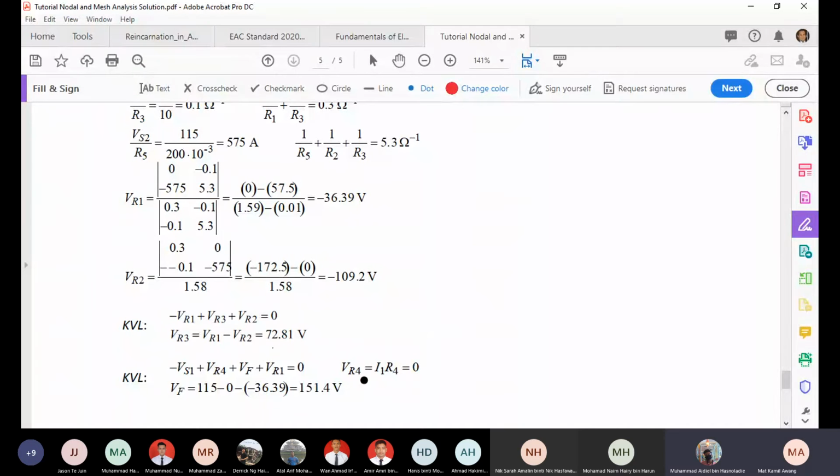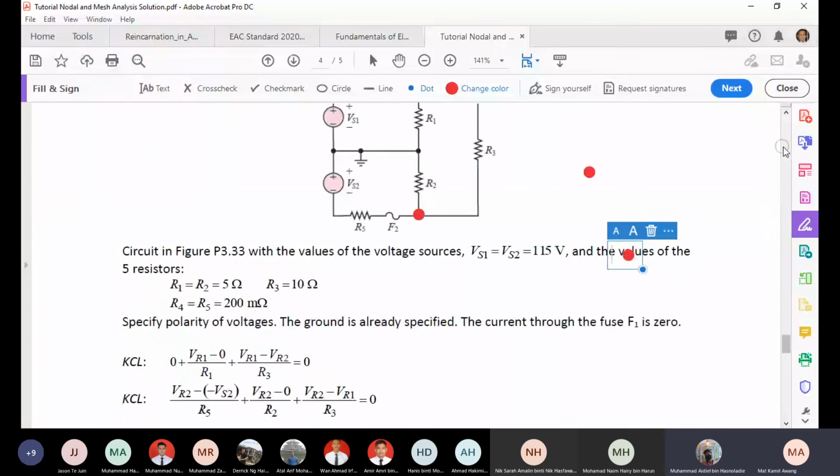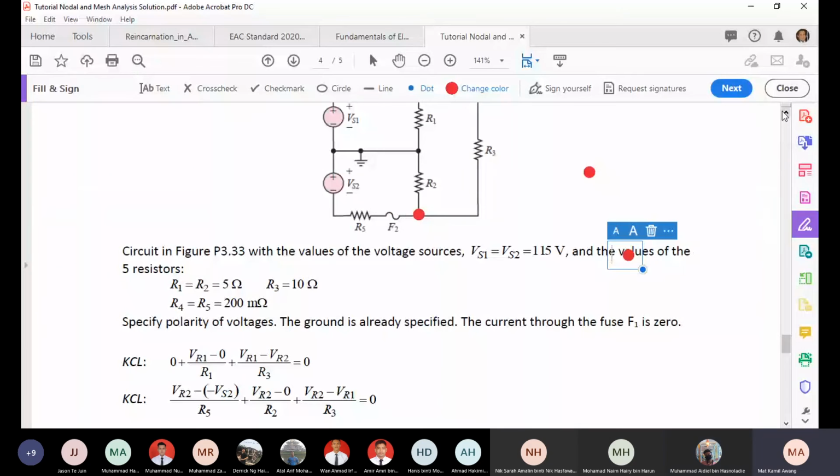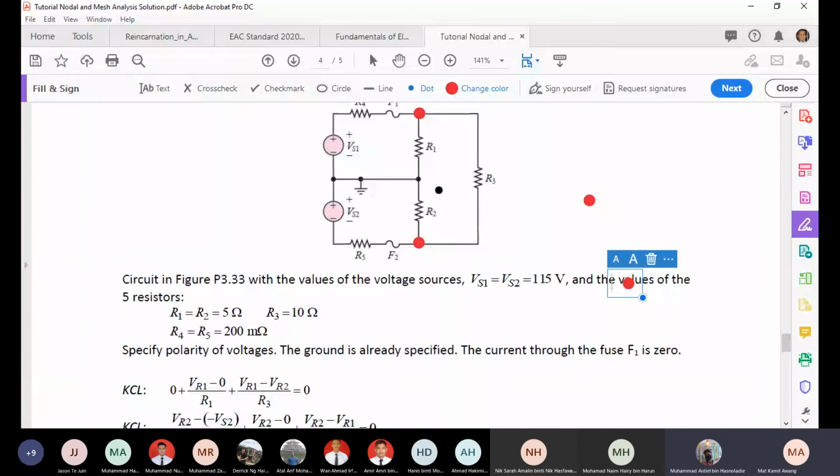And VR4 is from this equation, right? You use the KVL, you use the mesh analysis. Which mesh? This one mesh and this another mesh.